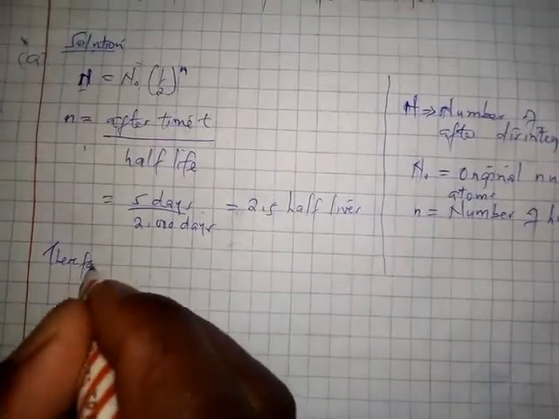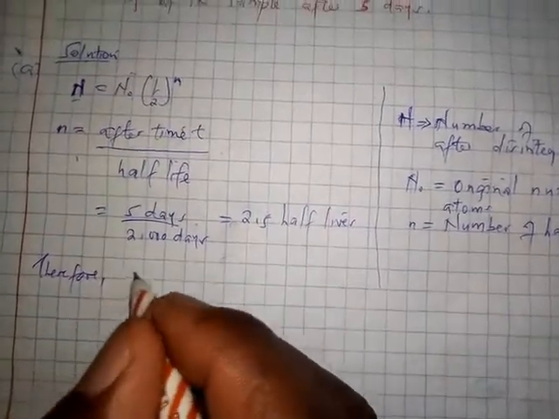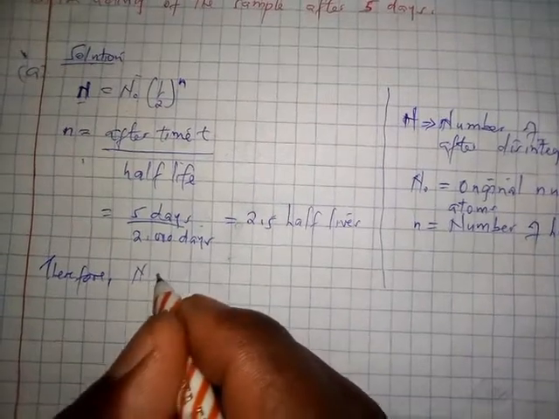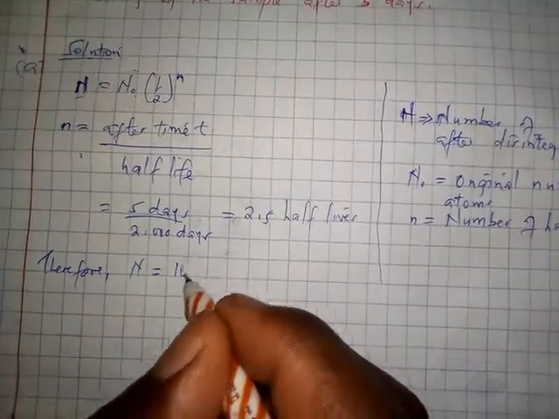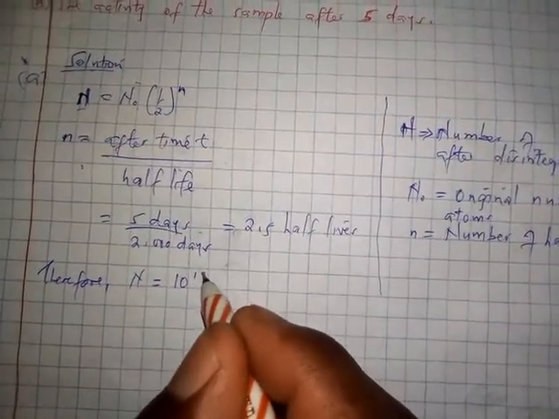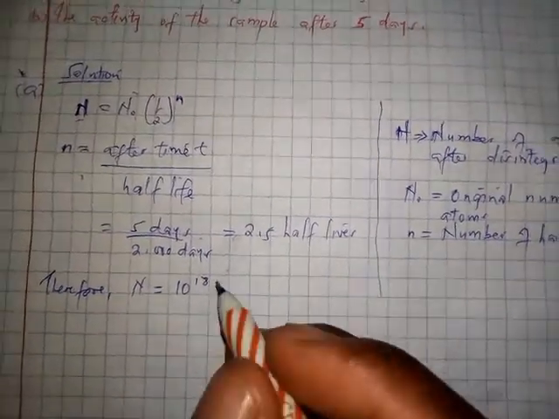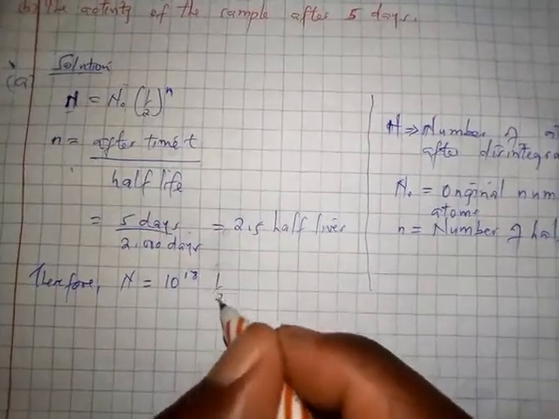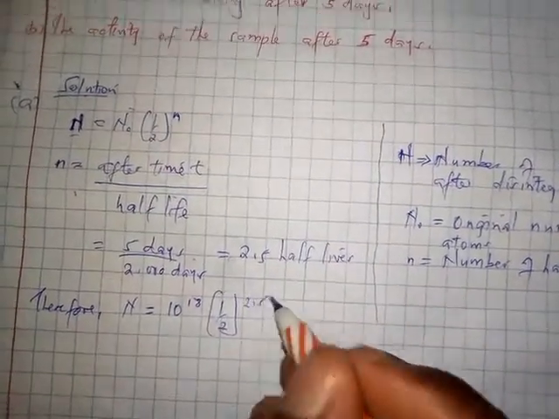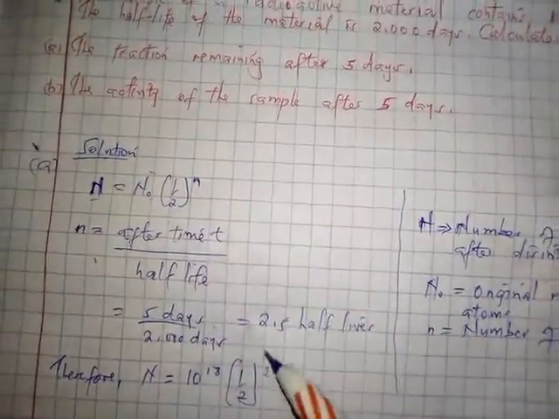Therefore N will be equals to 10 raised power 18 times a half raised power 2.5.